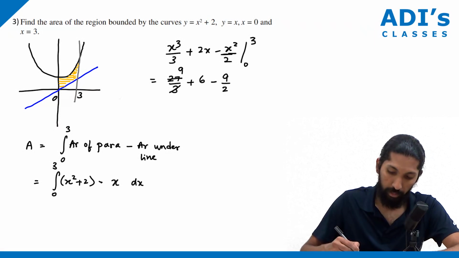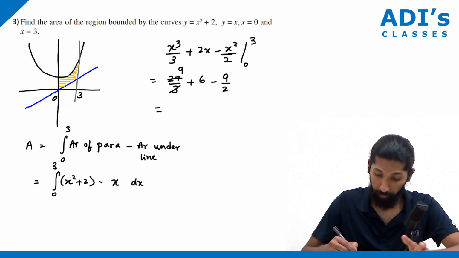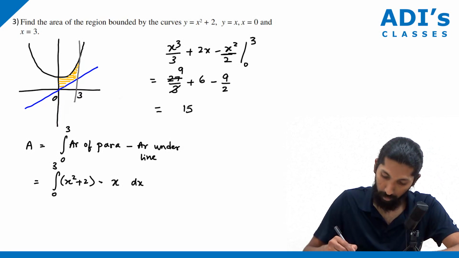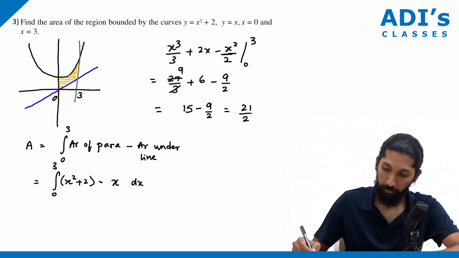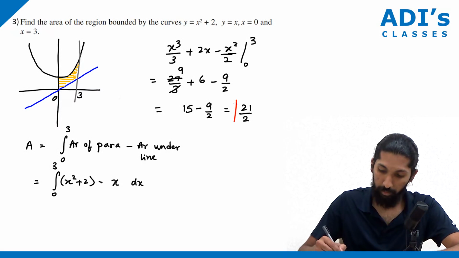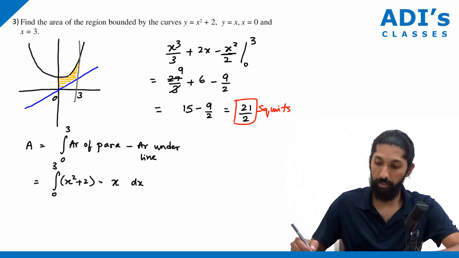So 9 plus 6 is going to be 15. 15 minus 9 by 2 is going to give us 21 by 2. So the final answer is 21 by 2 square units. This is going to be the final answer.